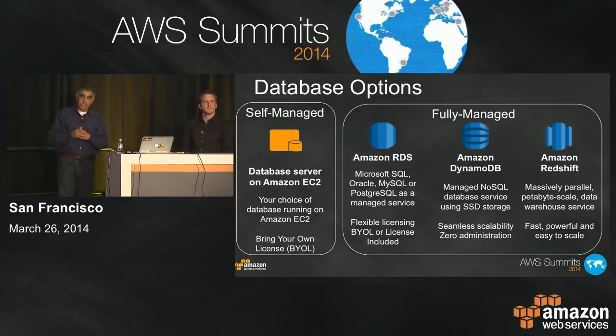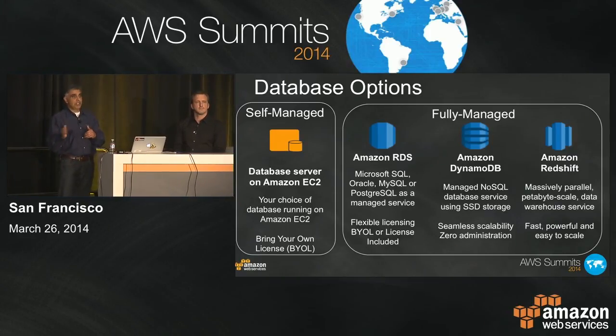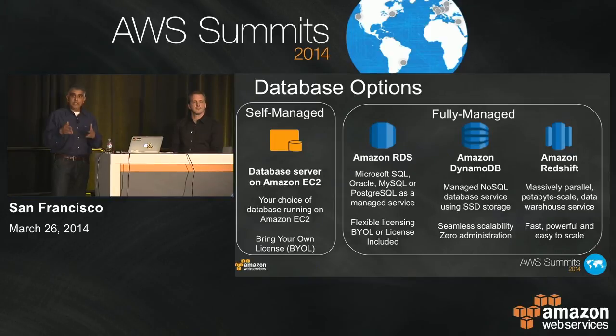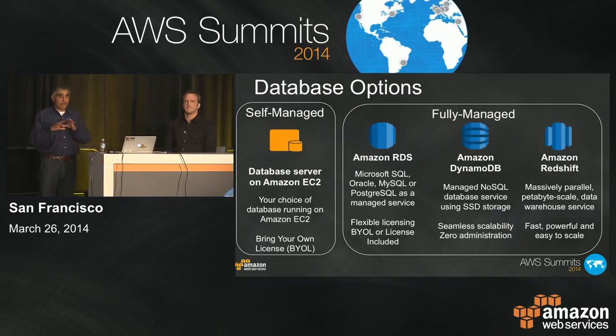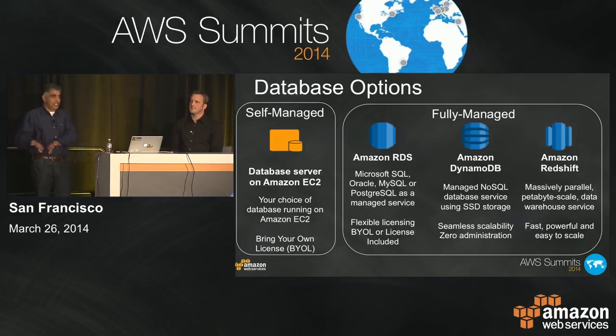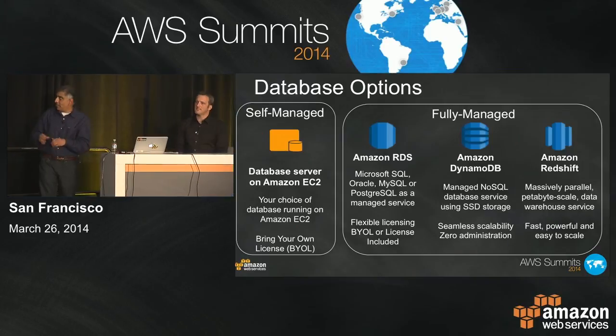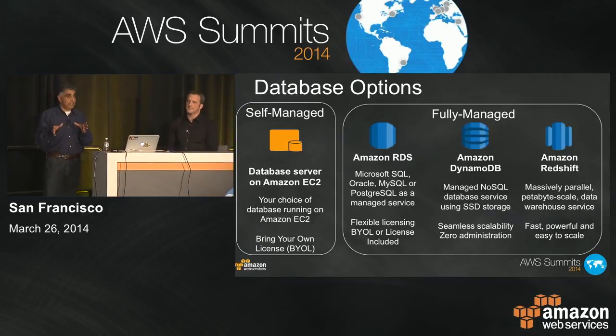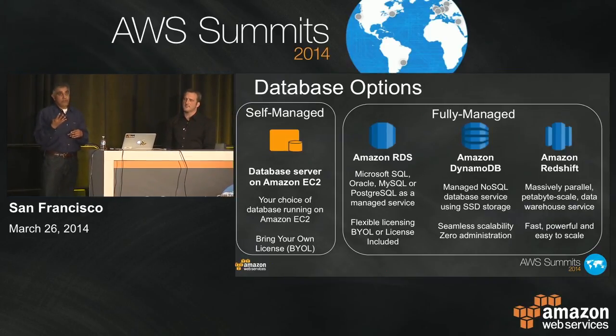The other three options are fully managed choices, and that's something you might want to take advantage of if you're, again, a developer, let's say, and not worry about a lot of the heavy lifting that goes on with having to manage databases. The first one is Amazon RDS, Relational Database as a Service. We offer 4 flavors of that today: MySQL, Postgres, SQL Server, and Oracle.